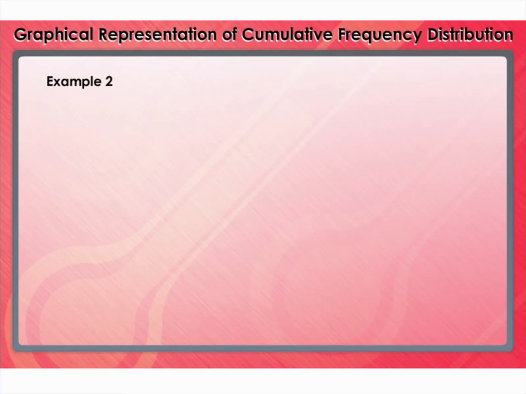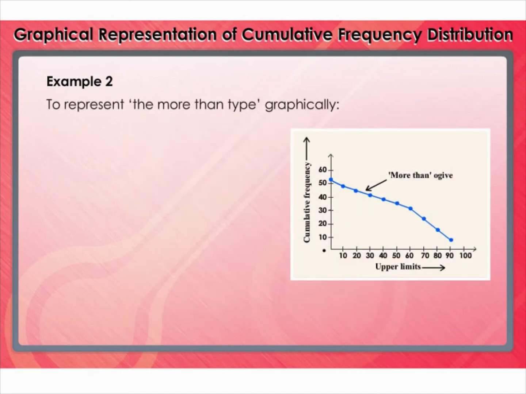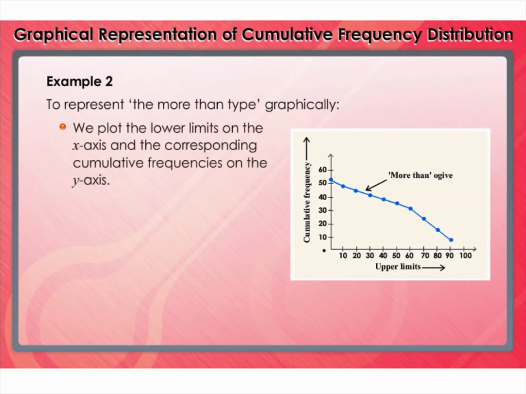Next, again we consider the cumulative frequency distribution given in the table and draw its ogive of the more than type. To represent the more than type graphically, we plot the lower limits on the x-axis and the corresponding cumulative frequencies on the y-axis.